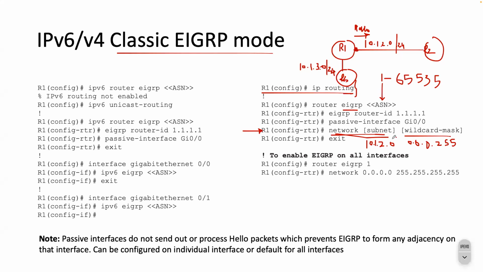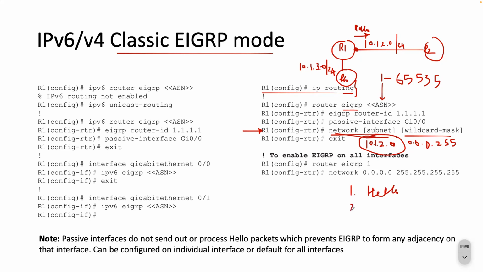Okay, guys. First is on which interface I want to run EIGRP. Second thing is I will put this subnet as part of my EIGRP updates. First is on which interface I want to run hello.